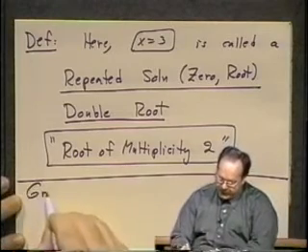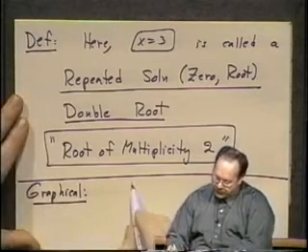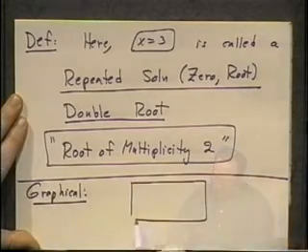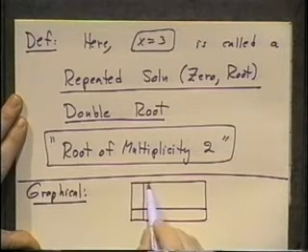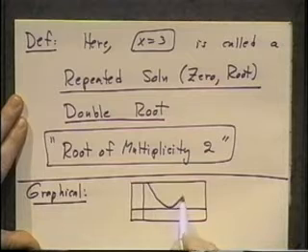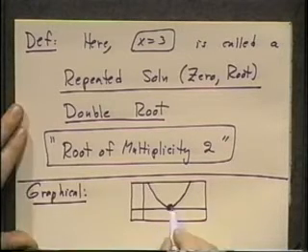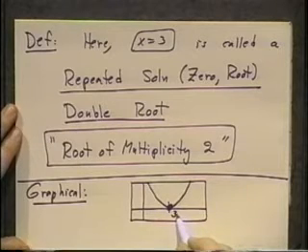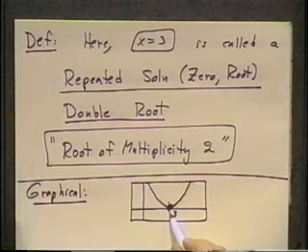Graphically, just to go ahead and toss in a little graphical picture here, if you do graph this, you will see what happens, because a root of multiplicity 2 has a very interesting feature. Since there is only one solution, the x equals 3 solution here, the curve can only touch once. That means it cannot go below the axis, because that would cause it to touch twice.